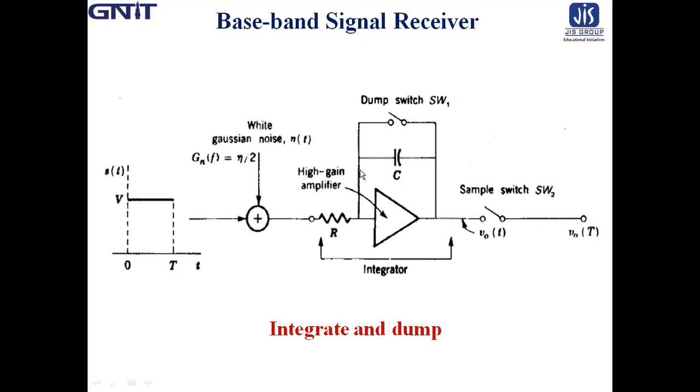Such a discharged condition may be ensured by a brief closing of switch SW1 at time t equal to 0 minus, thus relieving C of any charge it may have acquired during the previous interval. The sample is taken at the output of the integrator by closing the switch SW2.